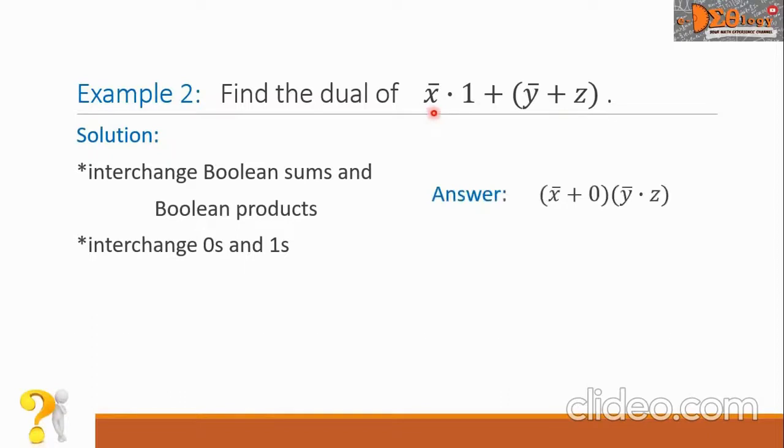So the x complement times 1 becomes x complement plus 0. The plus here becomes multiplication, and this y complement plus z, we write now y complement times z. This is the final answer.